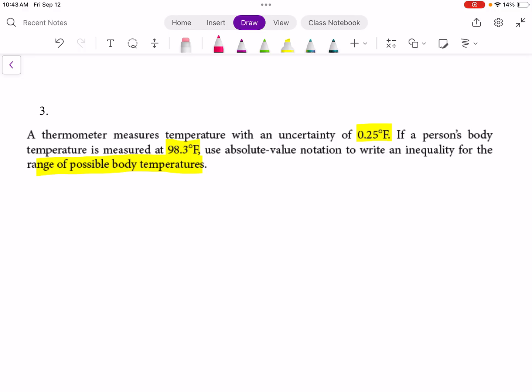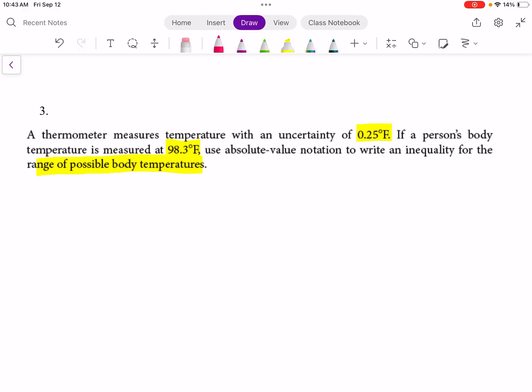Is the body temperature exactly 98.3 degree Fahrenheit? We are using a thermometer whose uncertainty is 0.25 degree Fahrenheit. It means the person's body temperature can be 98.3 degree Fahrenheit plus 0.25 or minus 0.25.